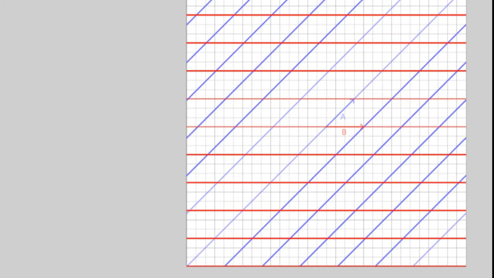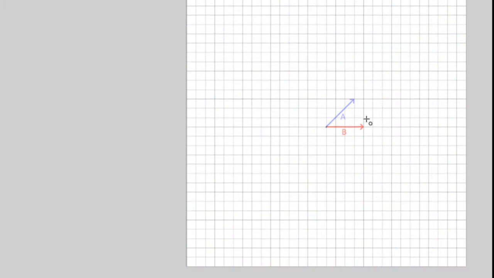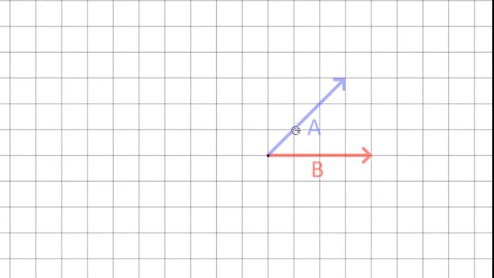Now, once we have a basis that spans the vector space, what we want to do is find the orthogonal basis of the vector space. So how do we do that?